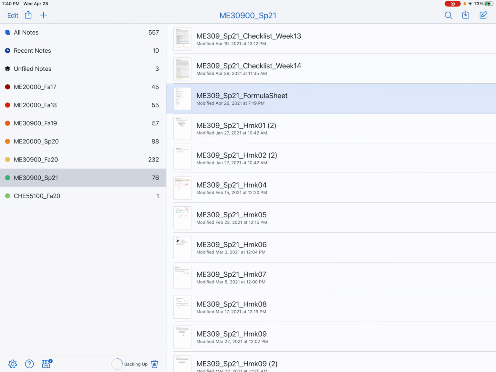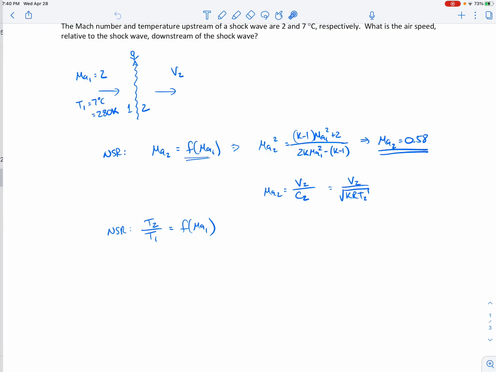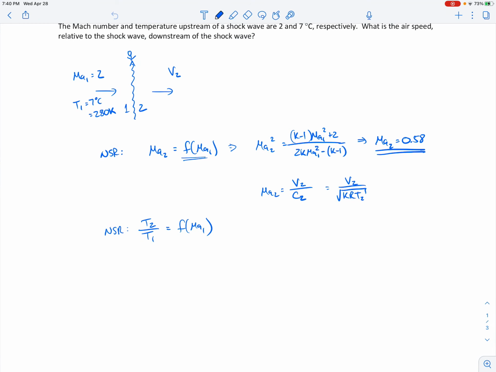Okay, so let's go back to our problem. From this, we can get T2 over T1, and if we know T2 over T1, we can then calculate what T2 is, because we know T1, right? We should use the absolute temperature of 280 Kelvin. So if you do that calculation, that comes out to be 473 Kelvin.